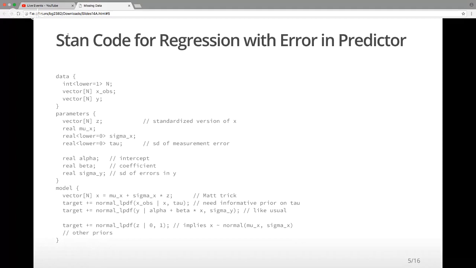The model block defines the distribution you are drawing from as the sum of a bunch of pieces in log units. Define the distribution. If it's continuous, Stan has a good chance of being able to draw from that efficiently. And if you can't do it in Stan, you probably can't do it with anything, at least today.